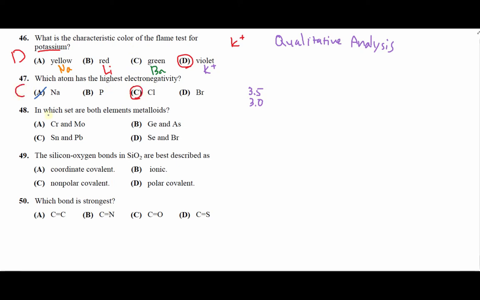Number 48. In which set are both elements metalloids? Okay, this is something where you need to look at the periodic table again. You're going to notice from the periodic table, starting from boron, you're going to see a staircase shape.